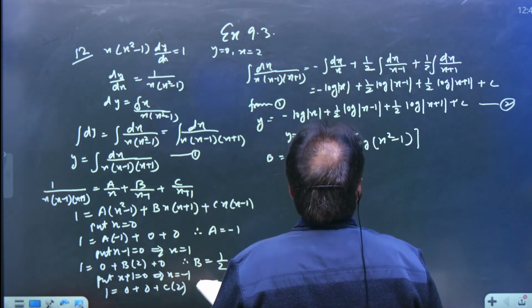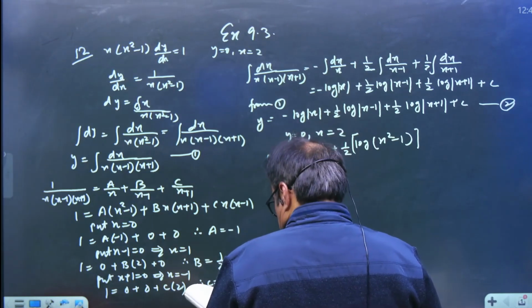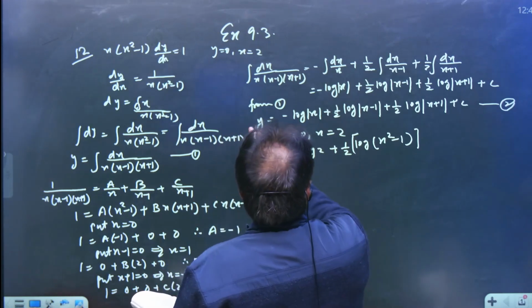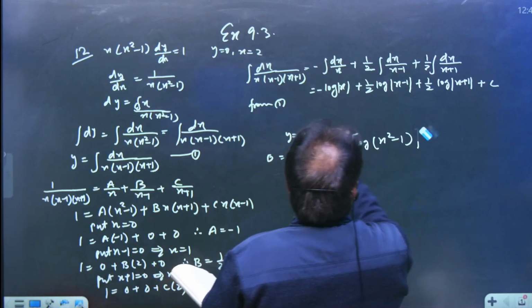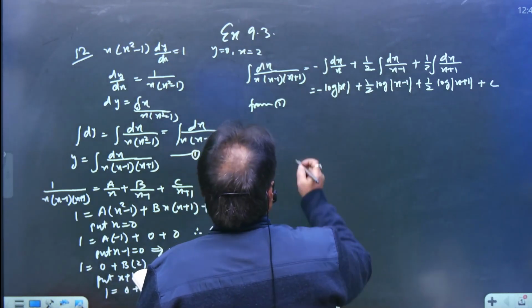Okay, so log of x square minus 1 and plus c. So do one thing, simplify here, and then we will put the value of y and x, then it will be easy.